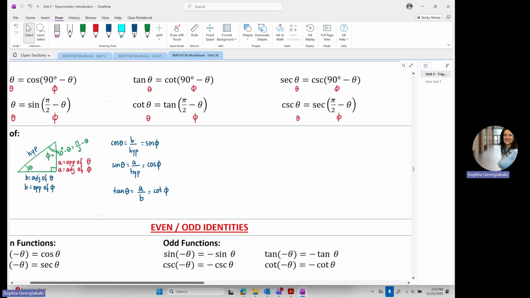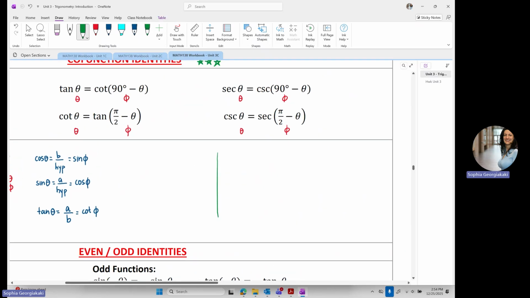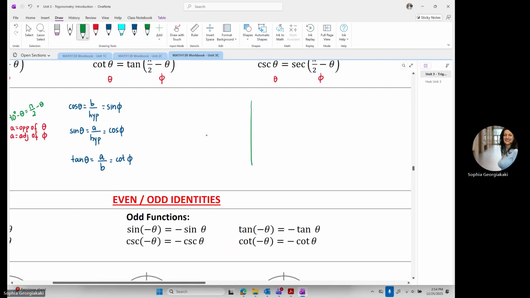Now, how does that look on the plane? And again, I'm not going to go into detail here, but I'll give you a preview. On the plane, if theta is a reference angle in any quadrant, remember the reference angle will be a positive acute angle that you make with the x-axis.